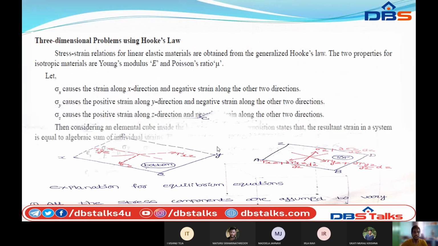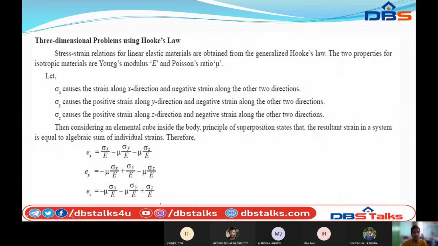Next, three-dimensional problems using Hooke's law. We already know that stress is directly proportional to strain, sigma is directly proportional to epsilon. In this stress-strain relation, we will know some relations: Young's modulus E, modulus of rigidity, Poisson's ratio mu.